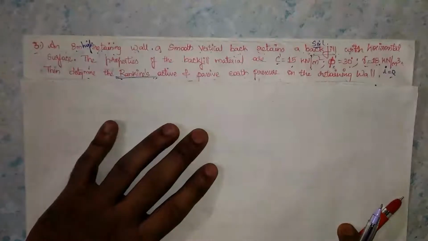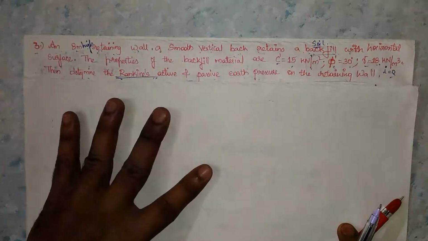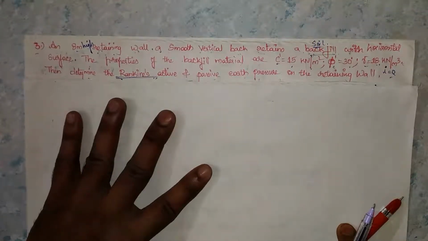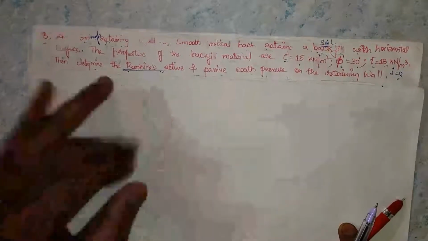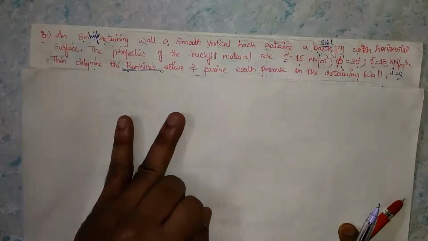In Rankine's theory, how many methods are there? Cohesionless soil condition, cohesive soil condition, and inclined surface condition. He does not mention an inclined condition here, so it will not come. So whether cohesionless soil or cohesive soil condition.